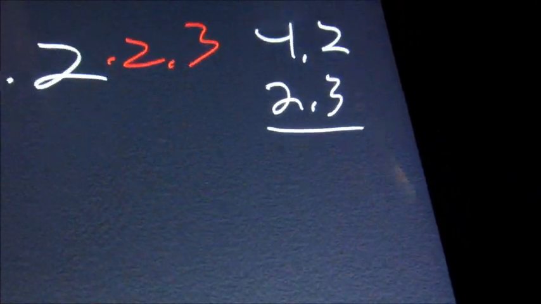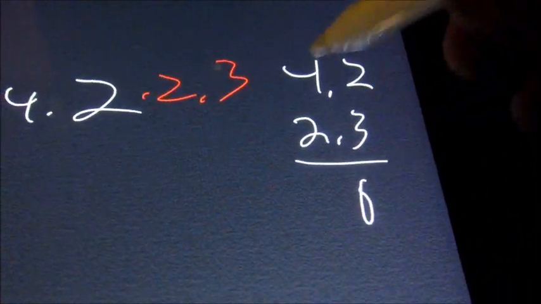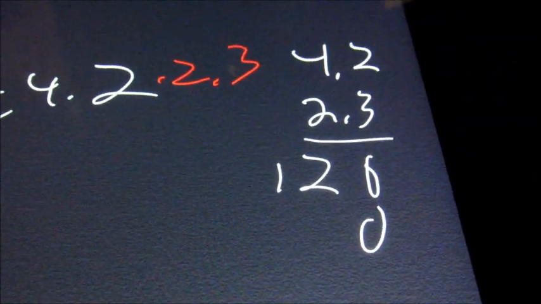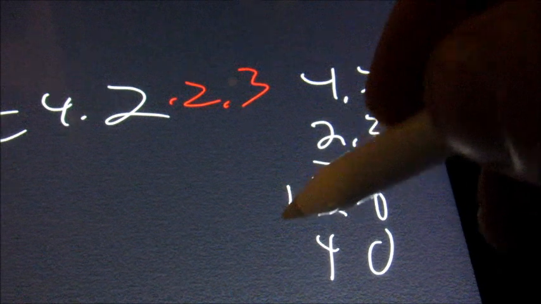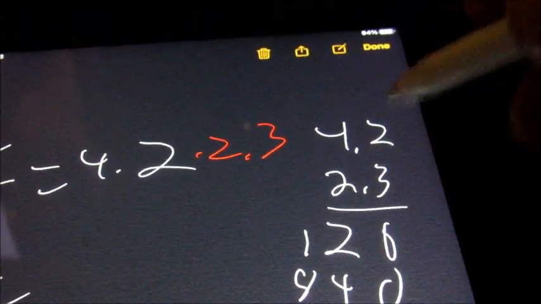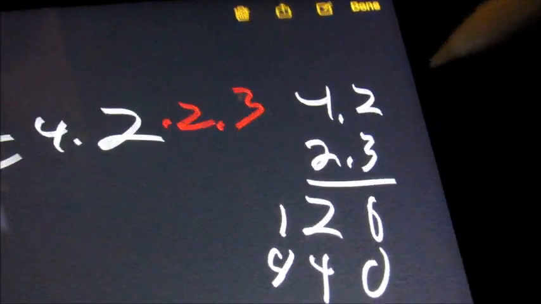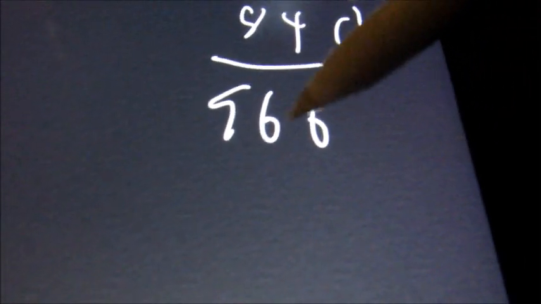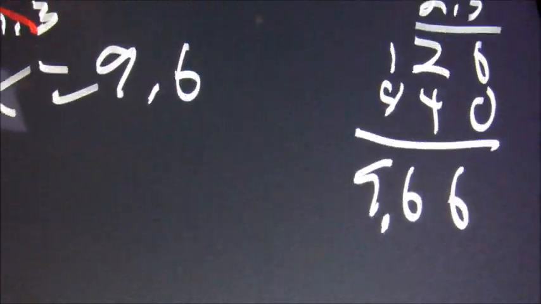We multiply: 3 times 2 is 6, 3 times 4 is 12, put a 0 placeholder, 2 times 2 is 4, and 2 times 4 is 8. Add these up, and we get 966, and we see that we have 2 digits past the decimal. So our answer here is 9.66.